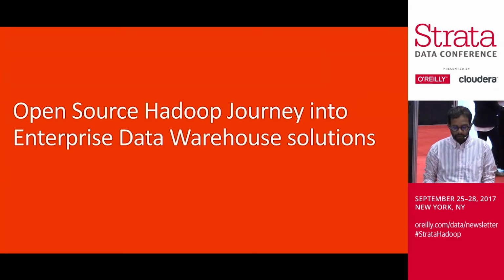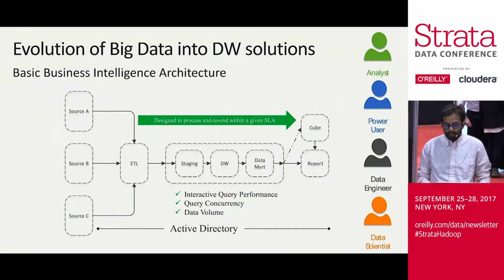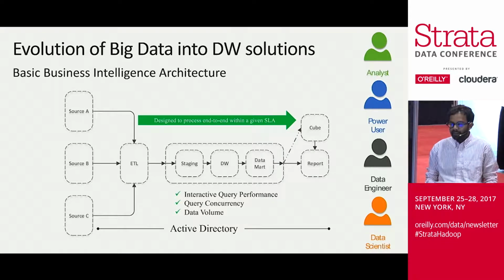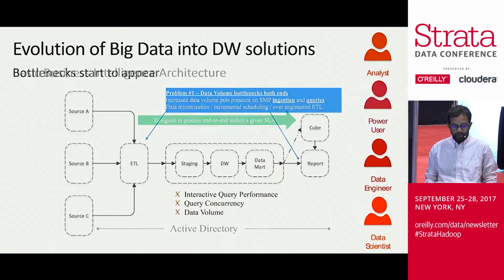And if you look at how the evolution of the warehousing industry has happened, especially towards big data, what has happened in historical implementations is the entire process needs an SLA for a DW solution to exist for an end user.